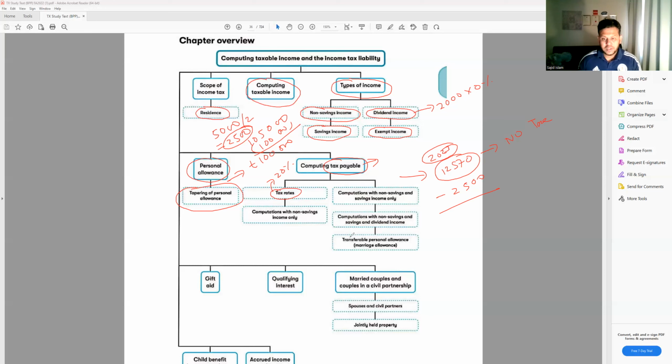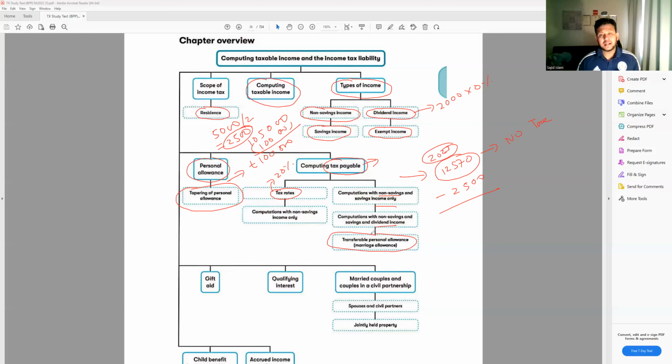All right, then we have a computation of non-savings, dividend and transferring personal allowance. Now this one is very simple. If you are married and your wife or your husband is not earning enough to cover the personal allowance, it will be good for you to transfer some personal allowance to the husband or from the husband to the wife.